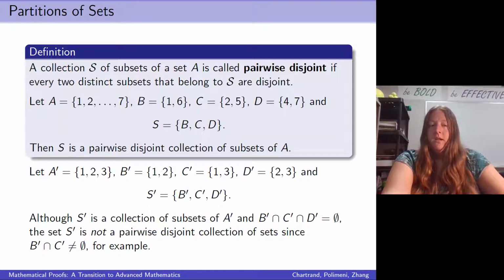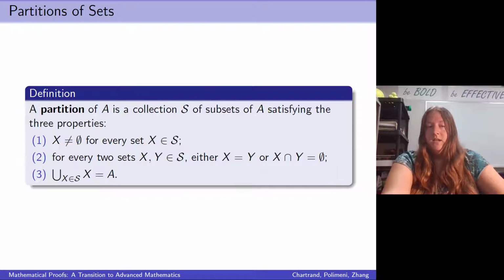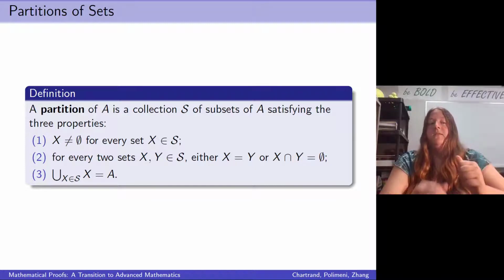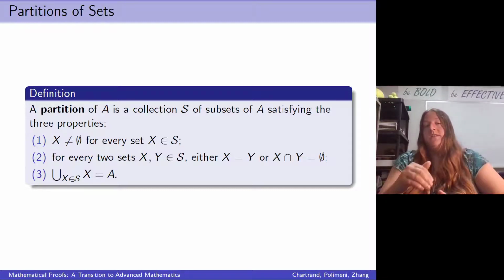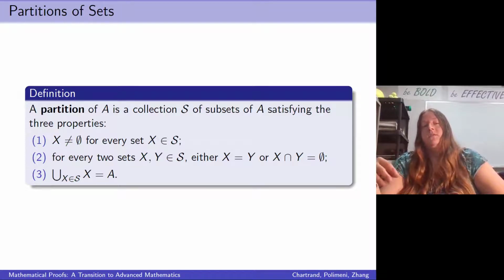So if I instead take a look at it and I would throw 3 in there as a subset somewhere else, then I would have this idea of a partition. So a partition of a set is when I've got the subsets and they have these 3 properties. So every one of my subsets is not empty, all right?